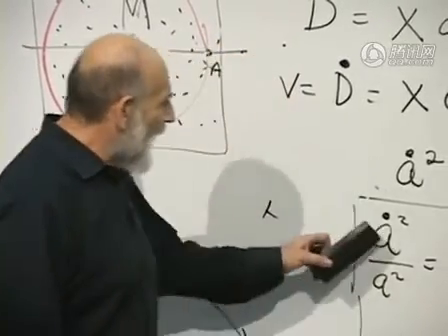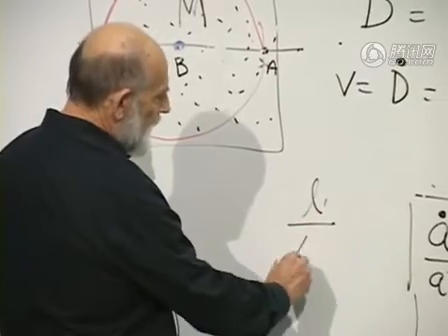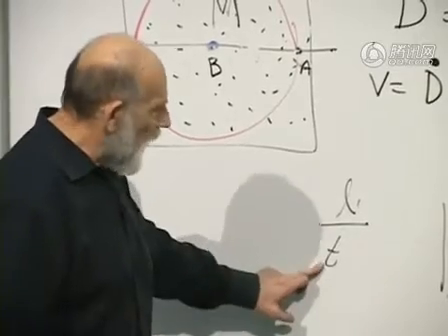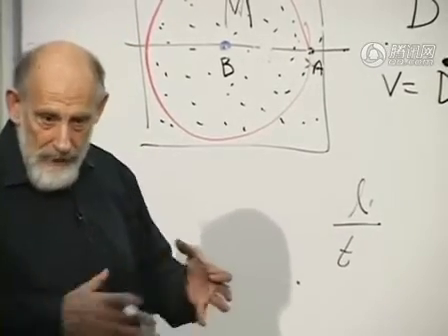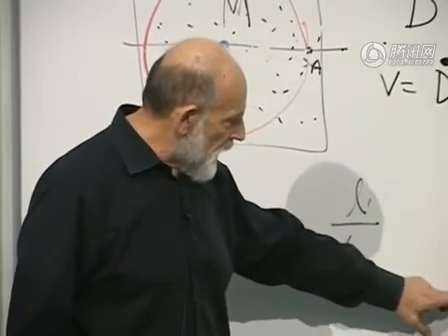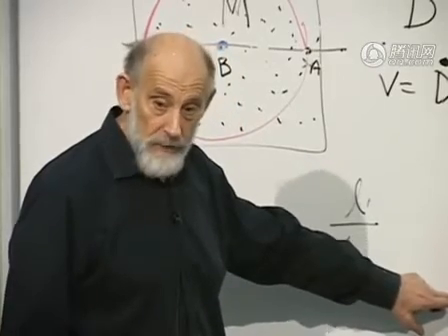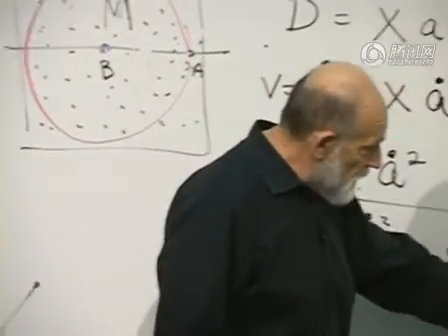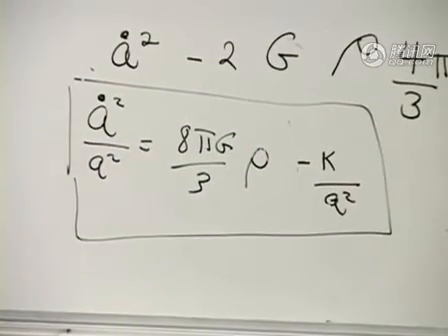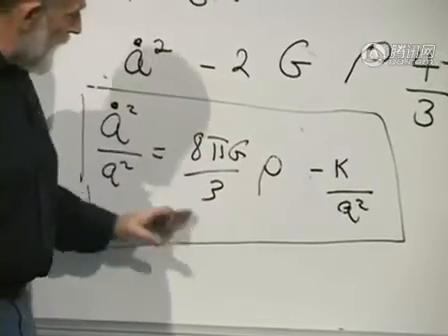A dot is length over time. All right. Now, in units in which the speed of light is equal to 1, length over time is dimensionless. If we measure space the same way we measure time, then a dot is dimensionless, and the left-hand side has units of 1 over a squared, 1 over length squared. Here's a 1 over length squared here, so that means that k is dimensionless, has no dimensions. You can check that this thing has the same units over here.